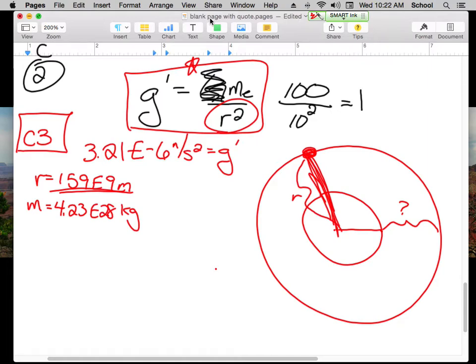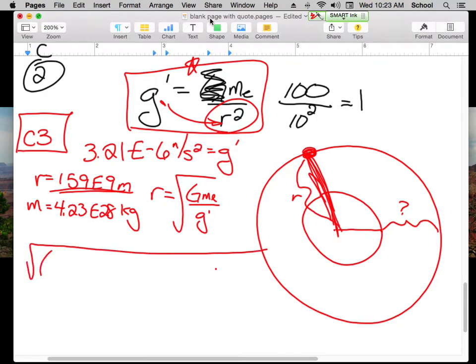Okay, do number 4. If we're looking for r, then r and g' just trade places, so r is equal to the square root of G M_E over g'. Big G is always 6.67 exponent negative 11, times the mass of the planet, which in this case is 4.23 exponent 28, divided by g', which we said at that height was 3.21 exponent negative 6.